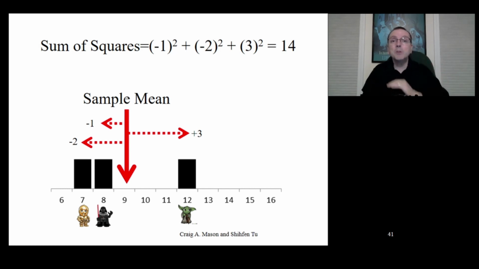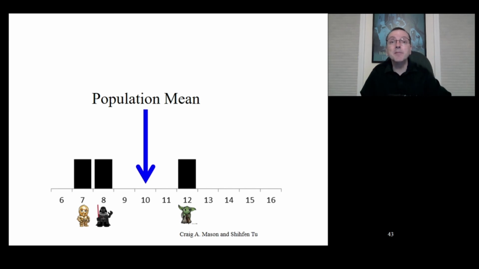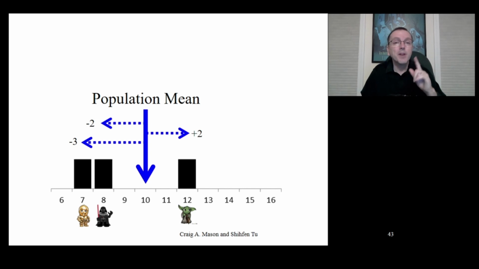Now, unless we were somehow incredibly lucky, the sample mean won't be exactly equal to the true population average. So let's say the true population mean, mu, is just a little bit different. Let's say the true population mean is 10. In that case, our deviations from the true population mean are -2, -3, and +2.